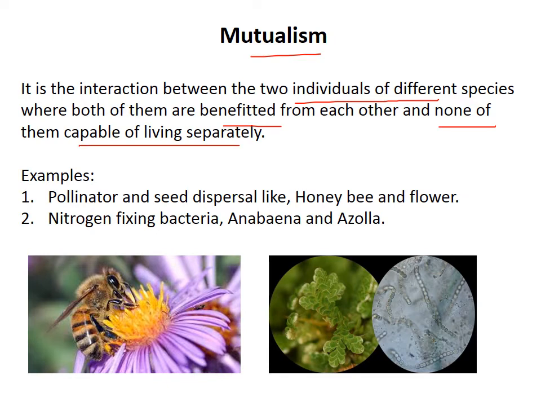Like the honeybee requires the flower to take honey, which is its food. And in the other way, the flower needs the honeybee for pollination and seed dispersal. Then nitrogen fixing bacteria, Anabaena and Azolla, also have a mutualistic symbiotic relationship.